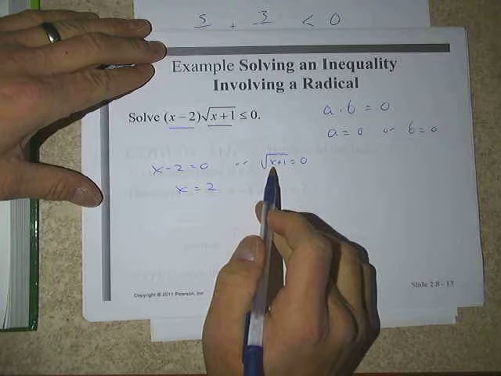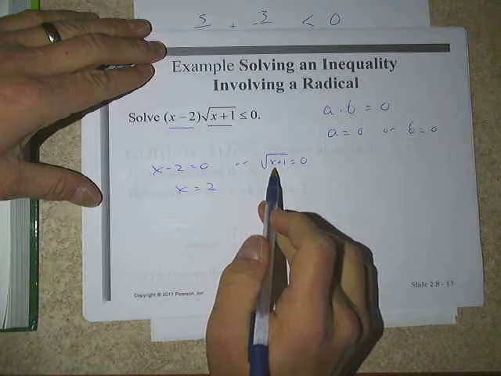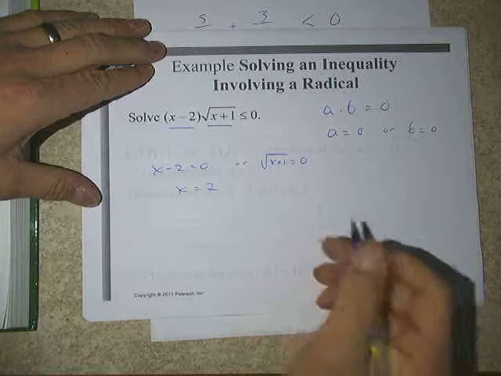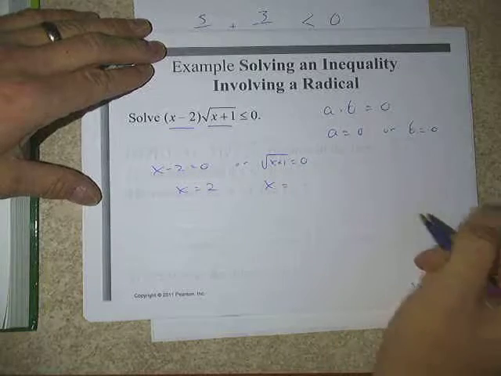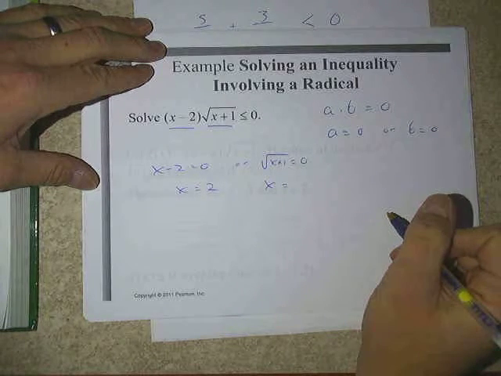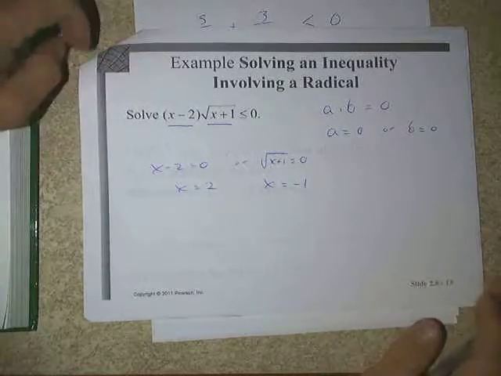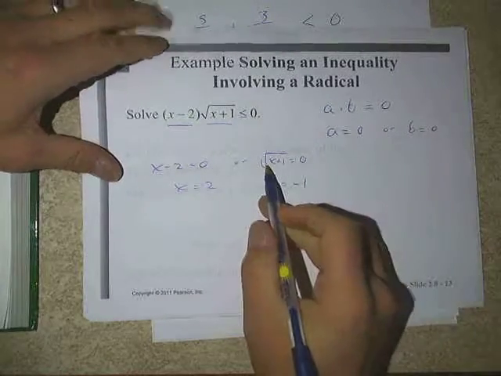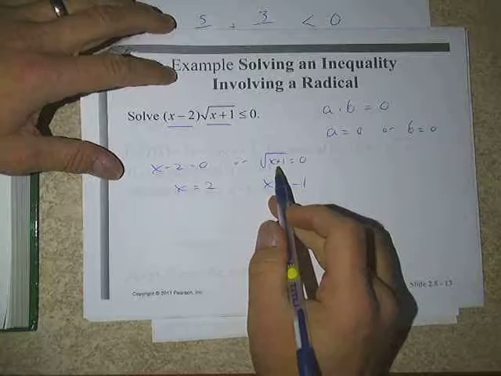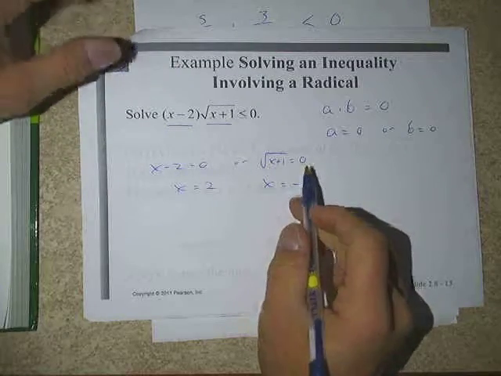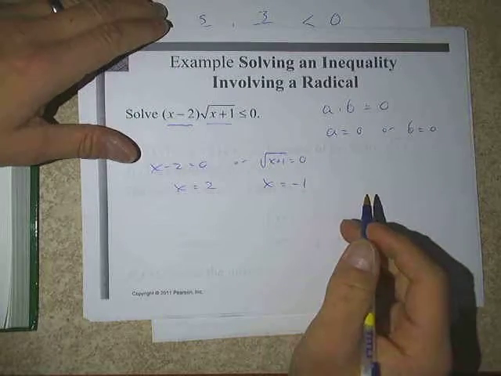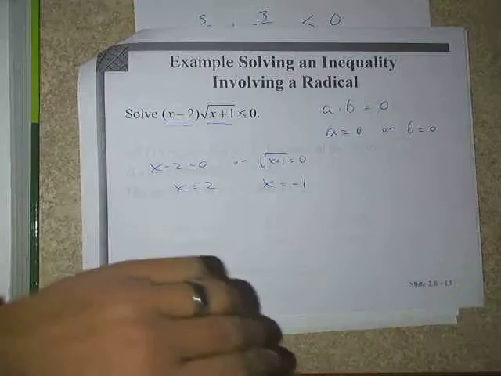And what plus 1 would give me 0? Wouldn't negative 1 make that sentence true? You can go through squaring both sides, but then you'd have x plus 1 equals 0, and subtracting 1 you get x equals negative 1.